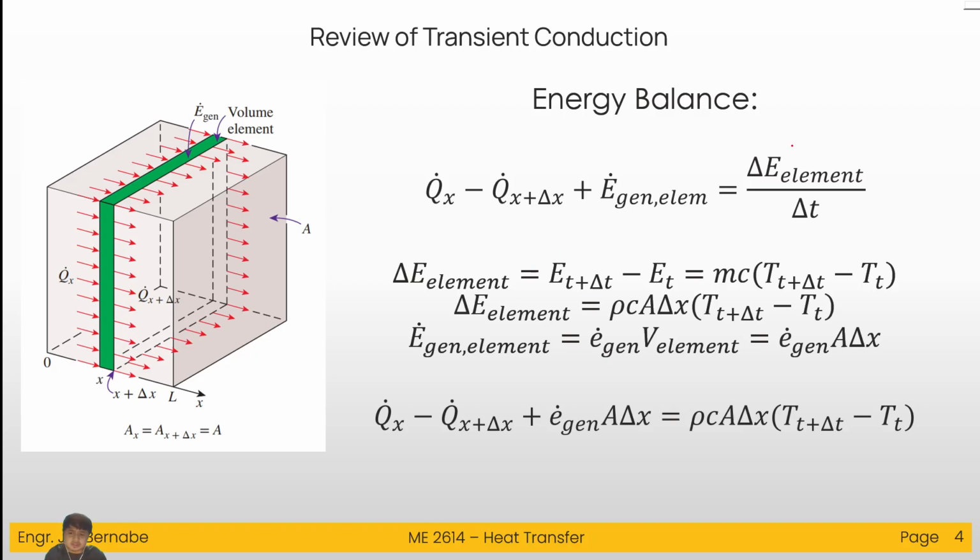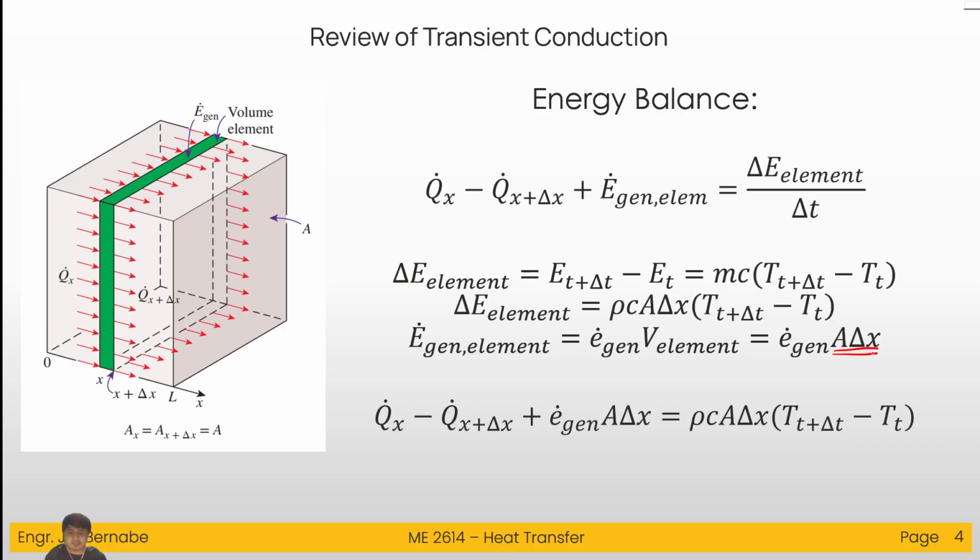I won't get into too much detail here, but some of this can be simplified. The energy stored in an element is basically just m c delta T, or m c_p delta T. The heat generated by the element can also be written as this. This is the heat generation flux, and usually this is in watts per cubic meter, for example, in SI.